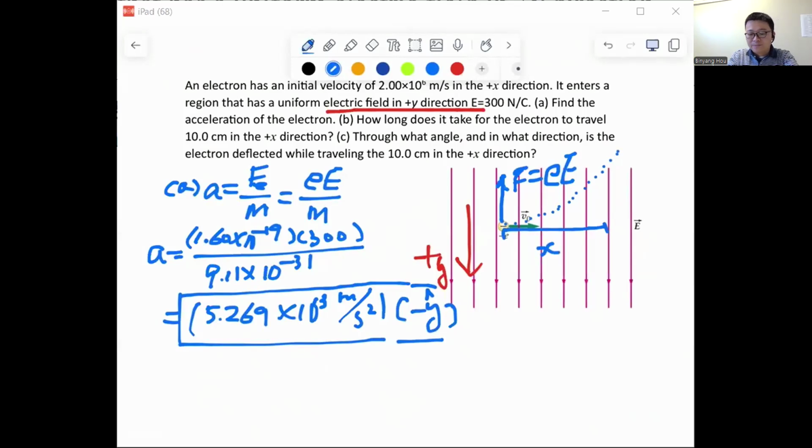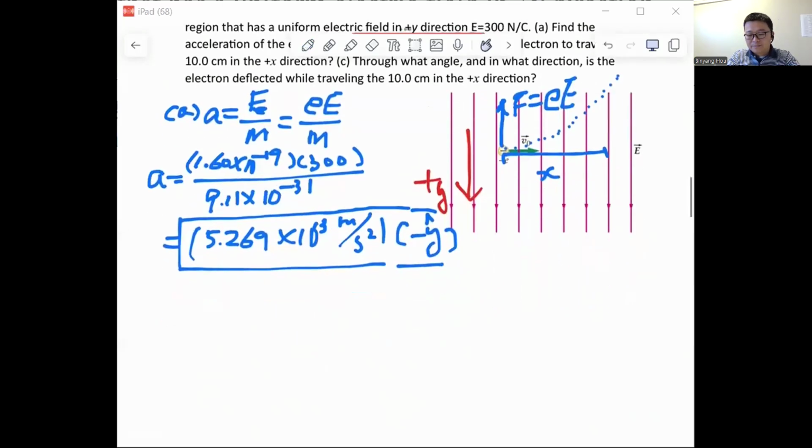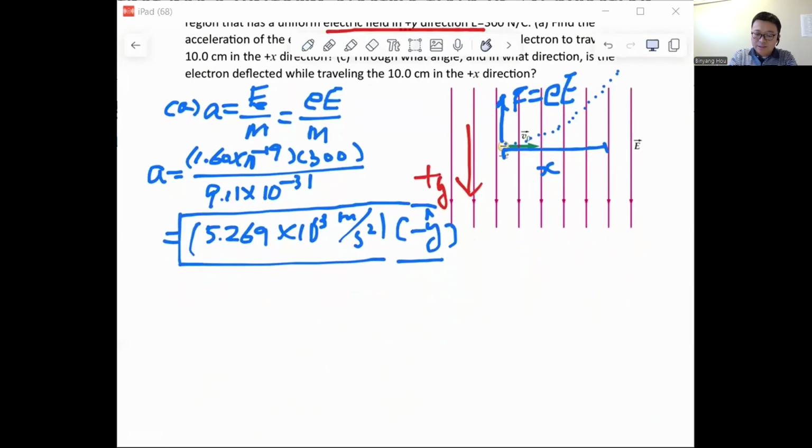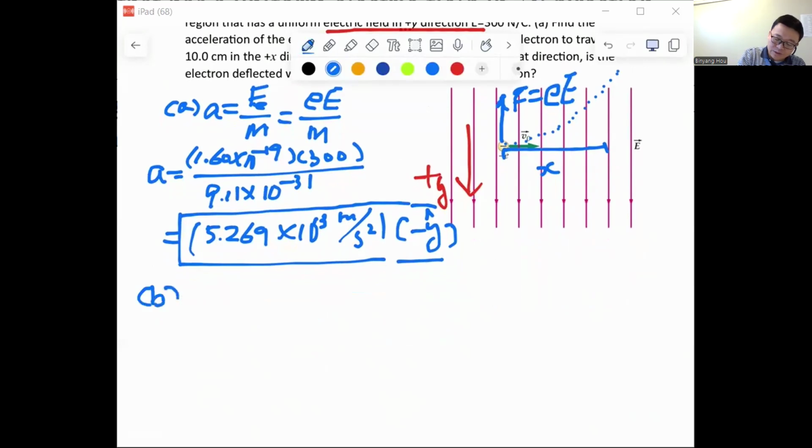To find the time t that it takes, t will be just equal to x divided by its velocity in the x direction, right? The force is in the y direction, so the x direction velocity shouldn't change. That means this is going to be just the original v0 that's given.